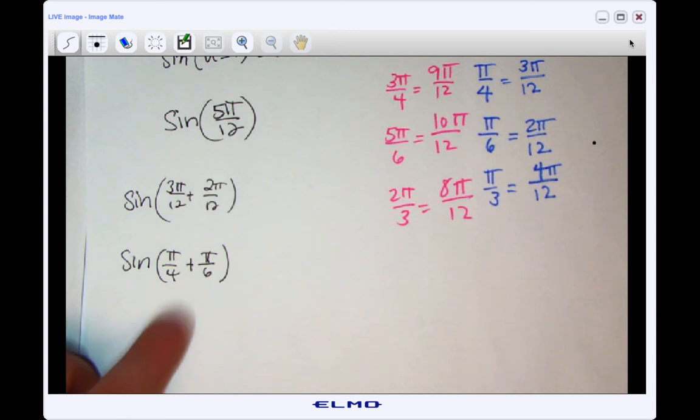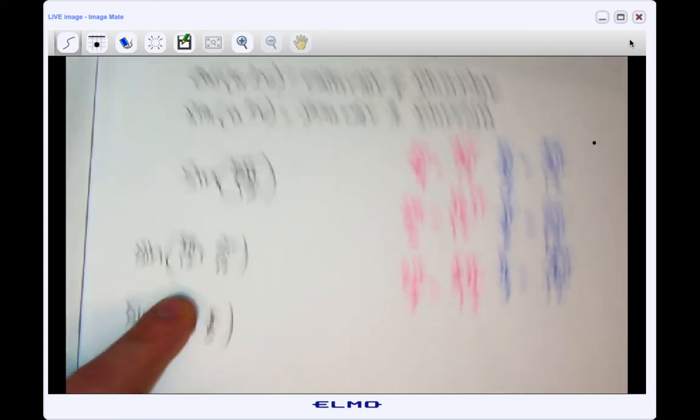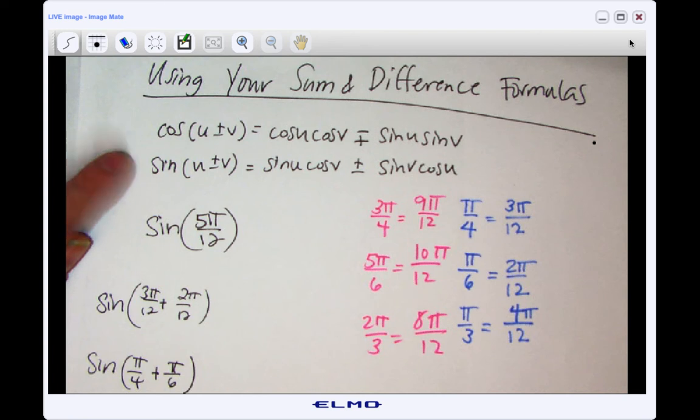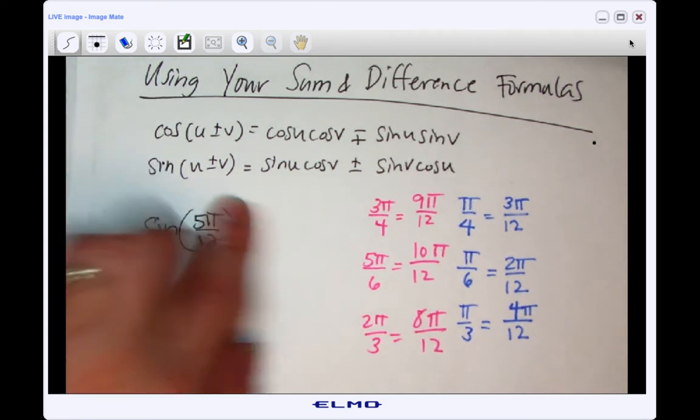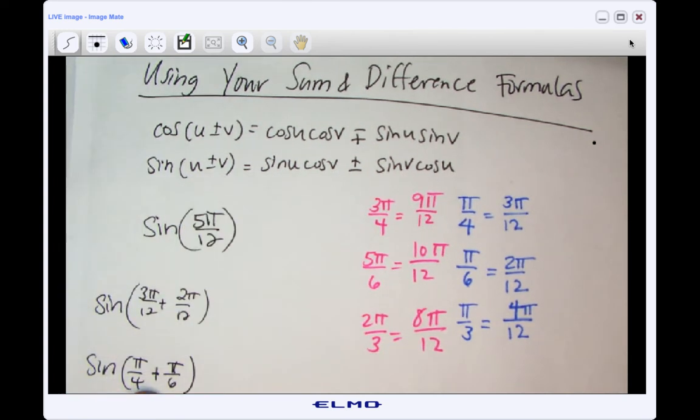So once I've decided how I'm going to break the angle and I've decided whether it's going to be a plus or a minus, now I'm ready to think about what formula I want to use. Obviously, I want the sine one because this is a sine. And obviously, I want the plus one because I picked to write it as a plus. I could have also, to get a 5, done 9 minus 4. That would have been giving me a 5 also. It would have been fine, and I would have got the same answer, actually.